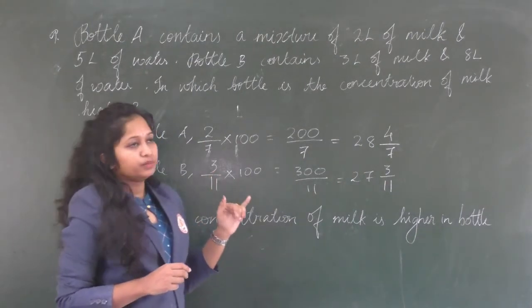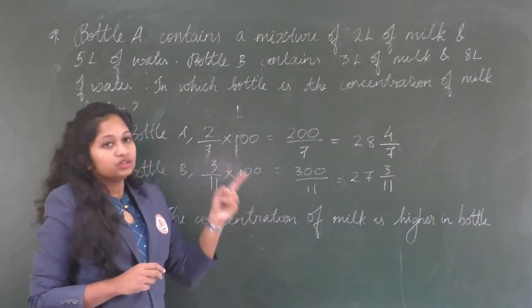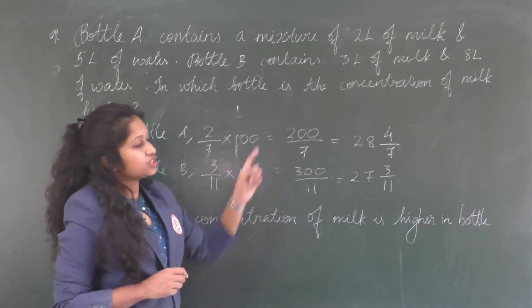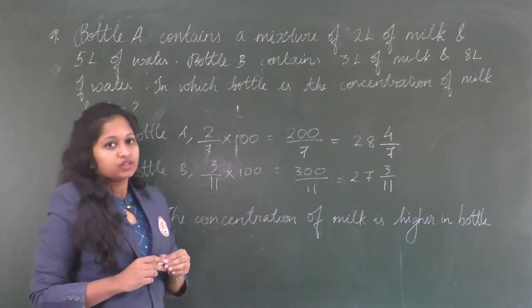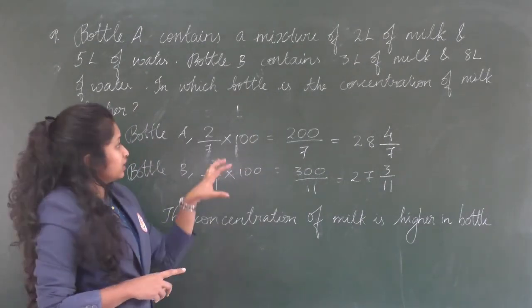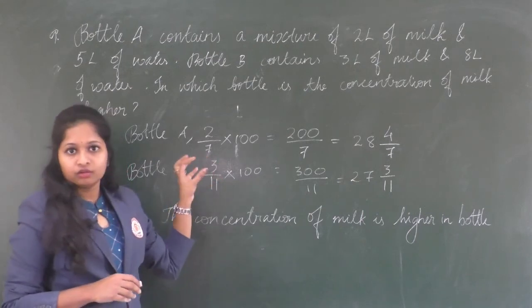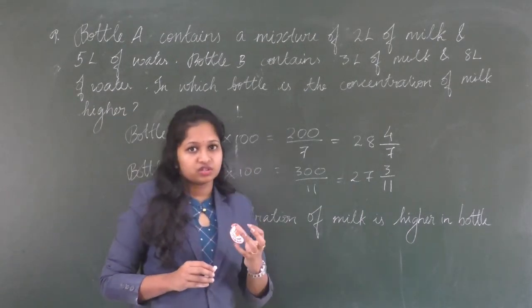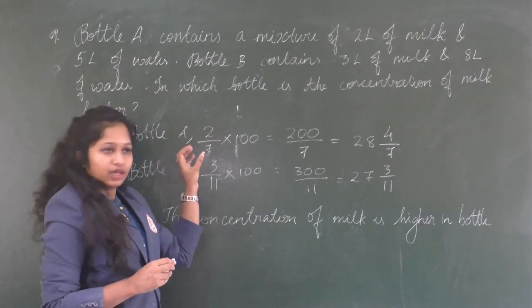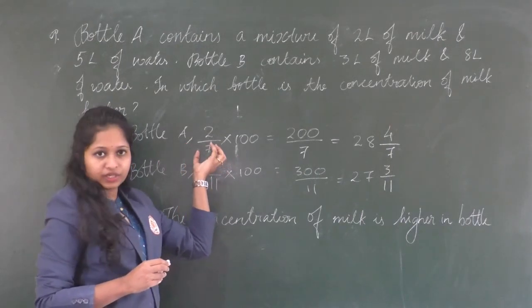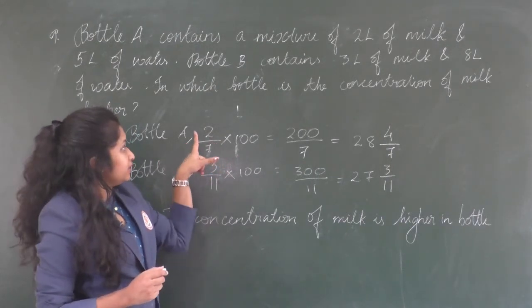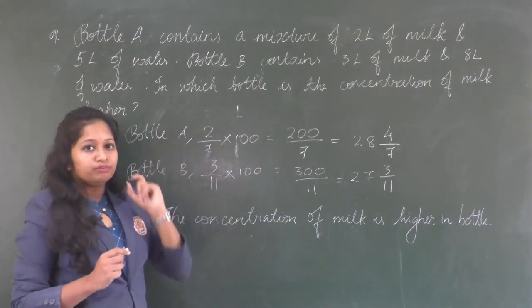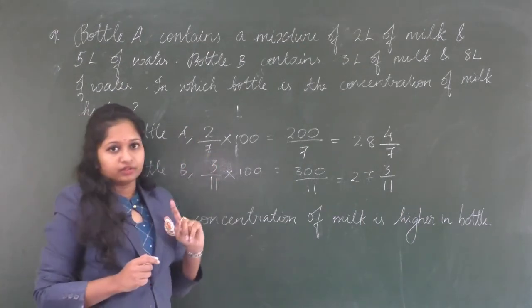So concentration of milk is given as 2 liter for bottle A and 3 liter for bottle B. So what we have to do is write the total liters or total mixture of bottle A in the denominator and the amount of milk in the numerator.